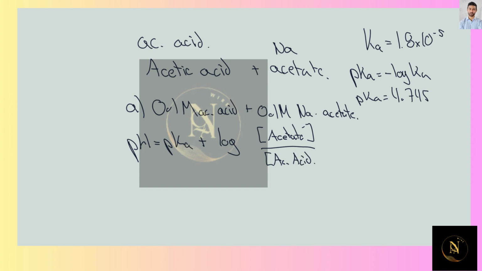In this case, for simplifying notation a little bit, the way that I'm going to write down this concentration is going to be A minus for the acetate ion and HA for the acetic acid.